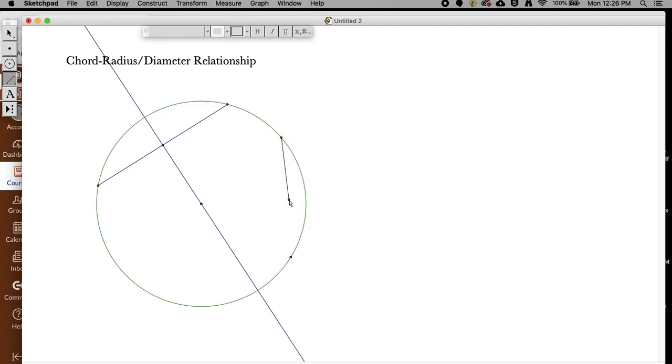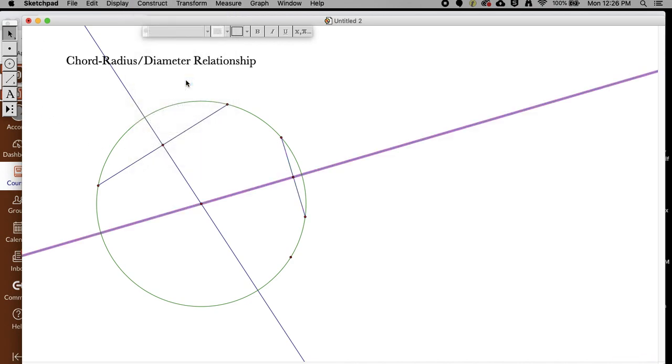So I'm going to do a different chord over here, and do the same thing: construct a midpoint and then a perpendicular line through the midpoint. Oh my God, that goes through the center too. So let's see if it works for yet another one.